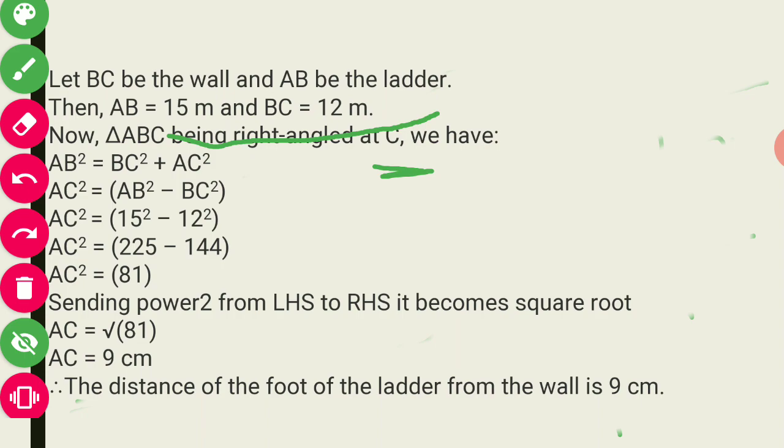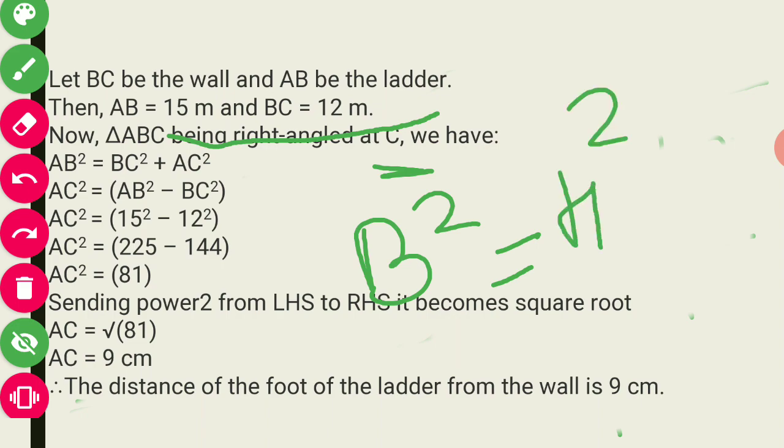Now as you know, hypotenuse square is equal to base square plus perpendicular square. Here also you have to find out the base only. So as you know, base square is equal to hypotenuse square minus perpendicular square. So same we will do here also.